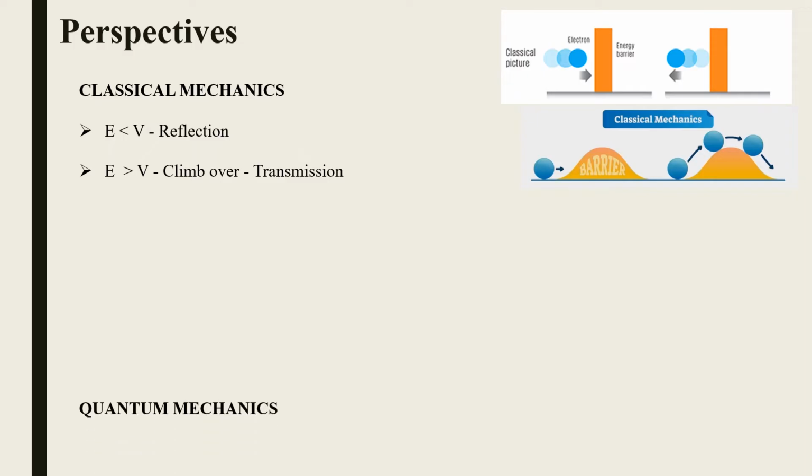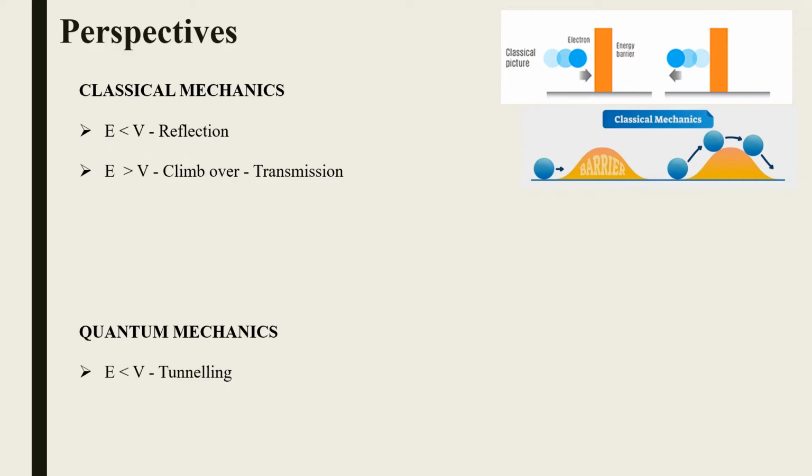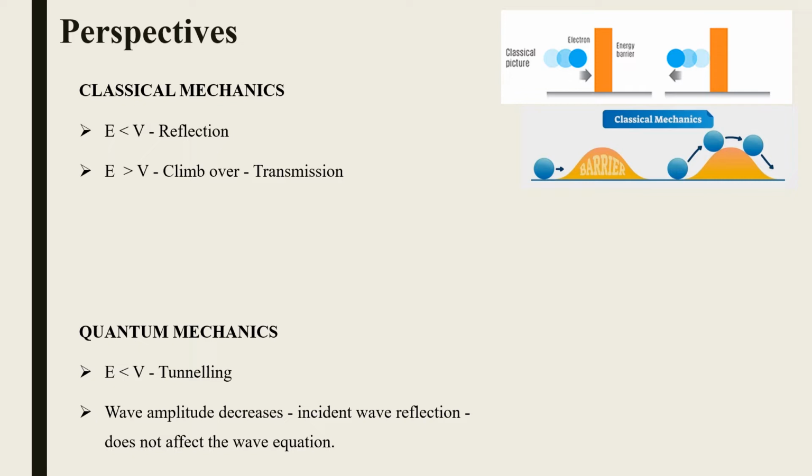The second perspective, as I said, is due to quantum mechanics, where tunneling occurs when the particle is able to penetrate through a potential energy barrier that is higher in energy than the particle's kinetic energy.